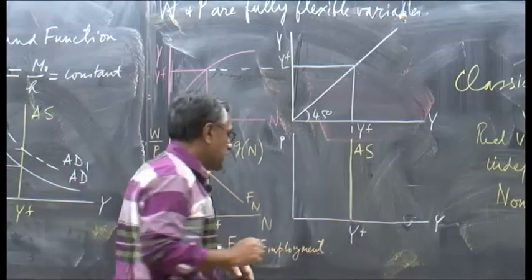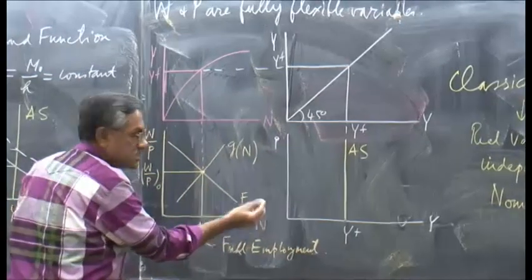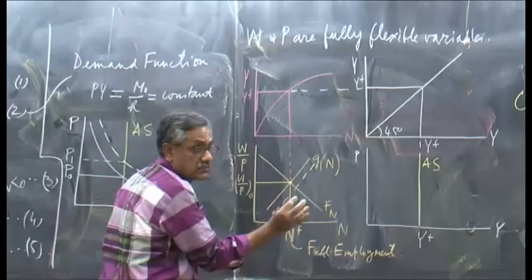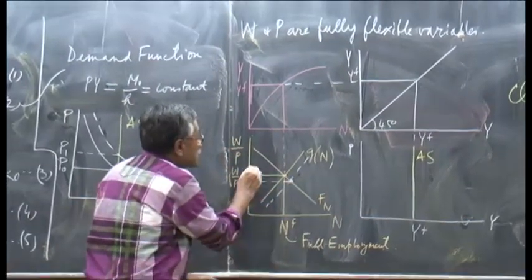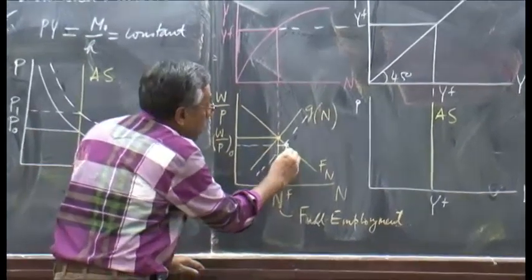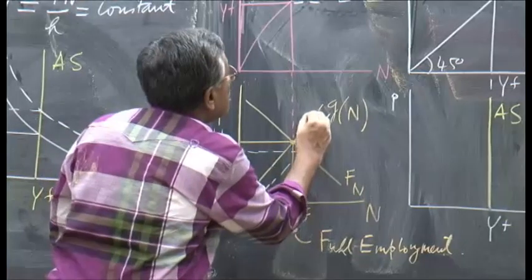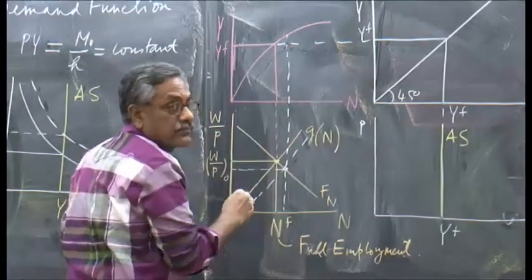immediately. If the vertical aggregate supply for some reason shifts, suppose the labor supply function shifts for some reason, the real wage in the economy drops, the employment in the economy goes up, the output in the economy goes up.